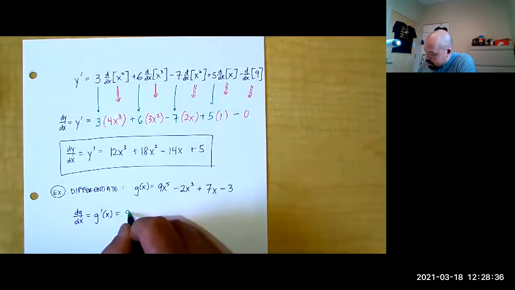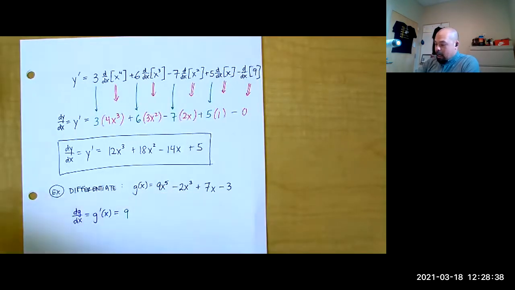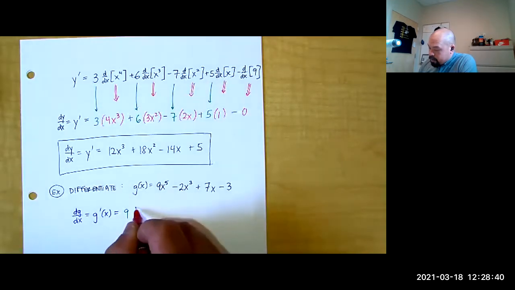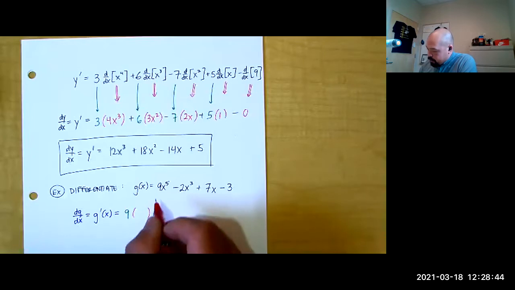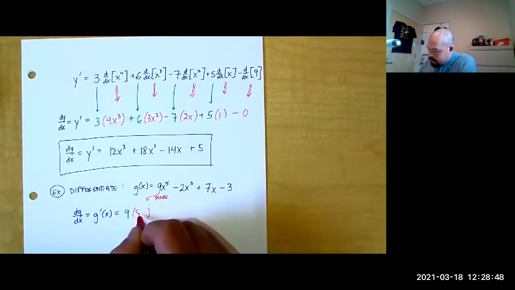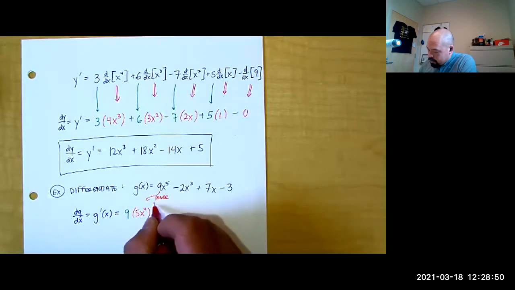Starting off 9, and now our coefficient in front, our variable from x to the fifth, our power rule here, 5x to the fourth.